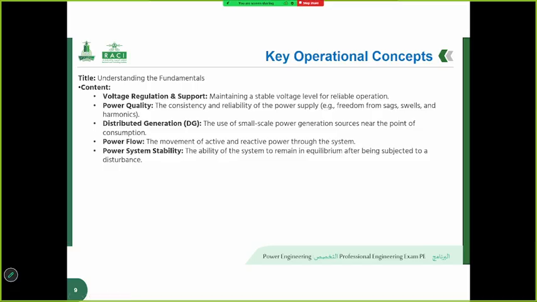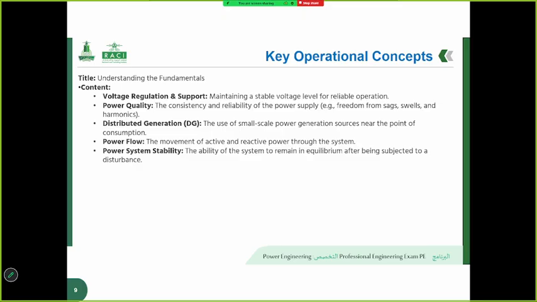Another concept is power quality, which refers to the consistency and reliability of the electrical supply. A high quality supply is one that is free from disturbances such as voltage sags, short-term dips in voltage, swells, short-term increases, and harmonic distortion in the pure sine waveform. Poor power quality can lead to equipment malfunctions, premature aging of devices, and even complete system failure.